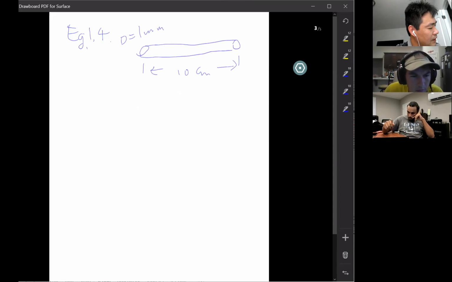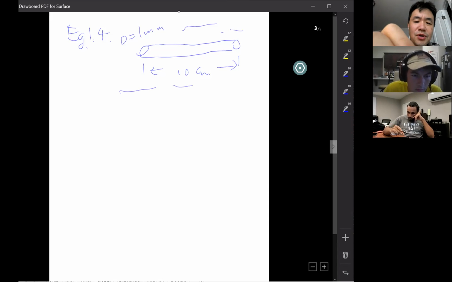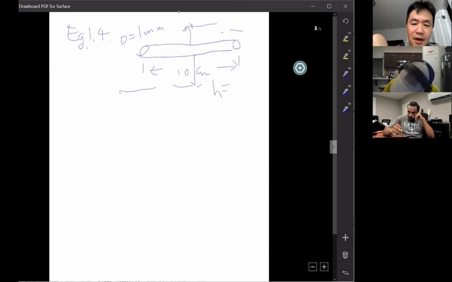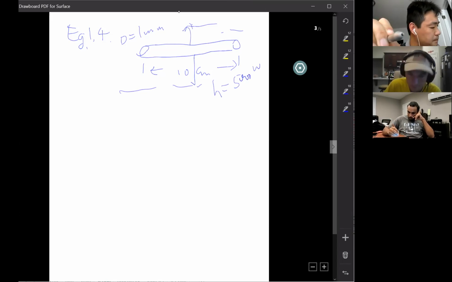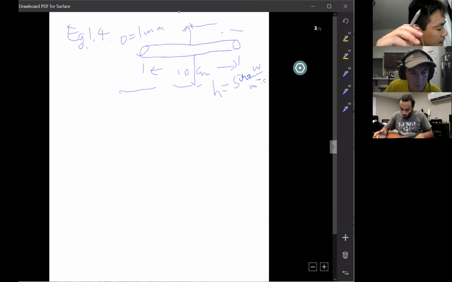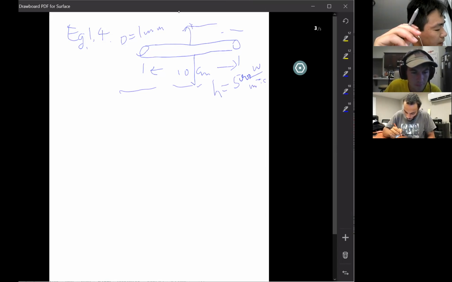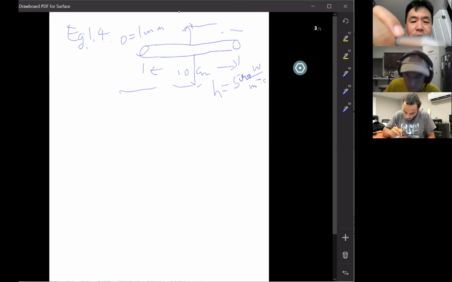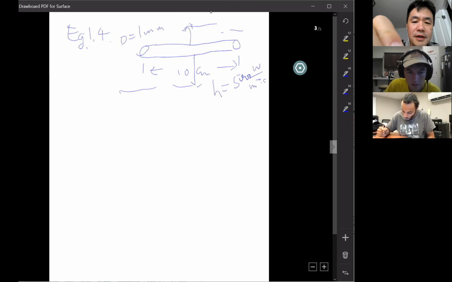So water is in the surrounding, and you have convection heat transfer to the water. The convection coefficient is 5,000 watt per meter square C, and the water temperature will be 100 degrees. You boil it, right? Tea water.